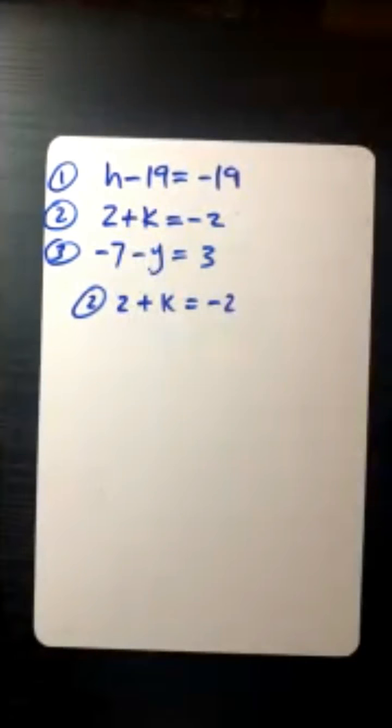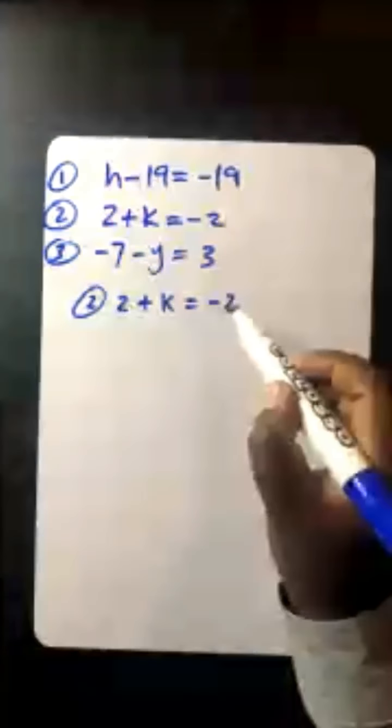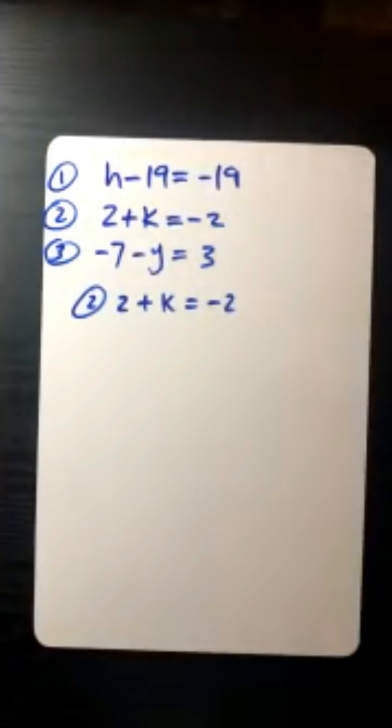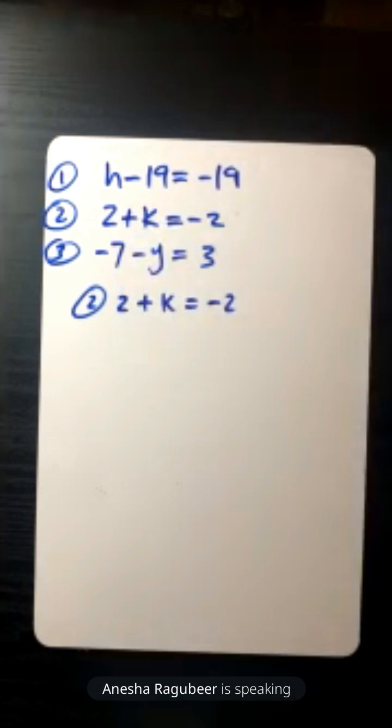So now let's work that one. So start with that interpretation. So now already I know you know this is an equation. Then now I want you to explain what does this equation mean? So according to this equation, it means that whatever number plus k must equal to negative 2.